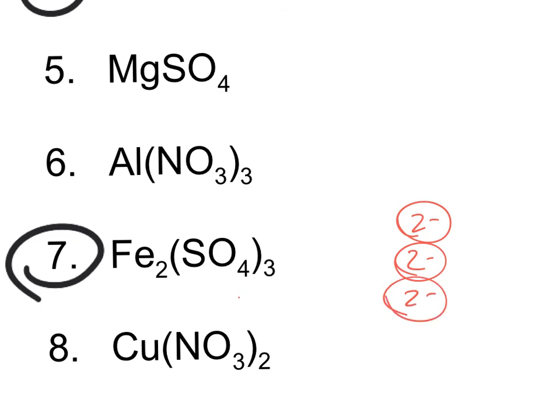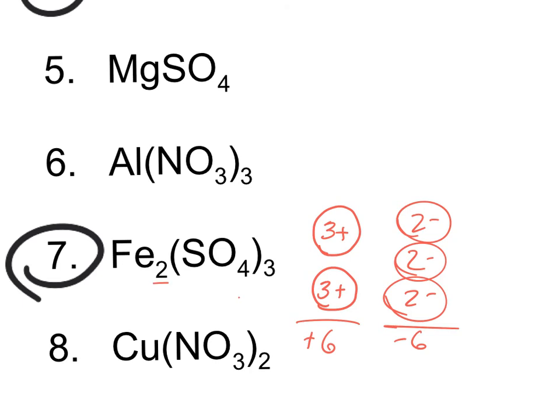That's 3 sulfate ions, a total charge of -6. In order to balance that charge of -6, I need 6 positive charges. In order to do that with 2 ions, each iron must have a 3+ charge.